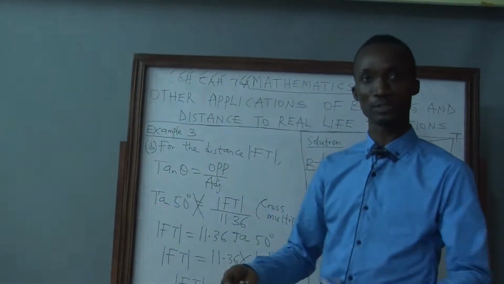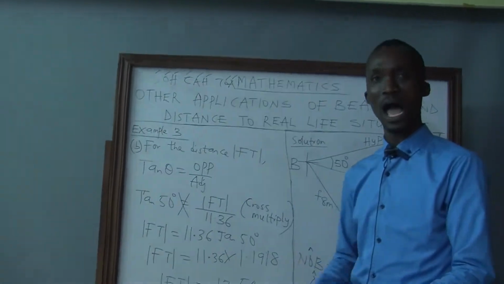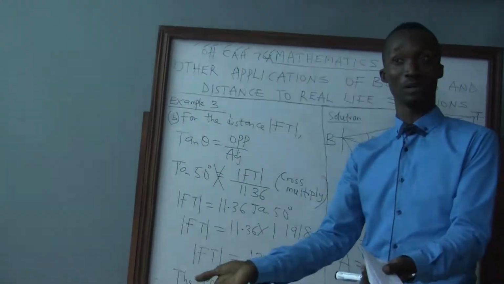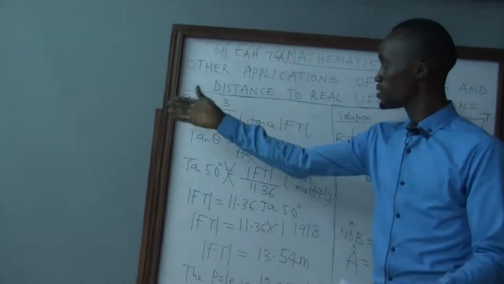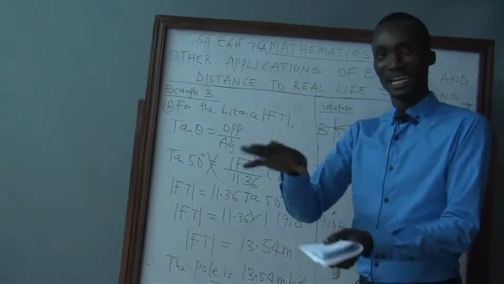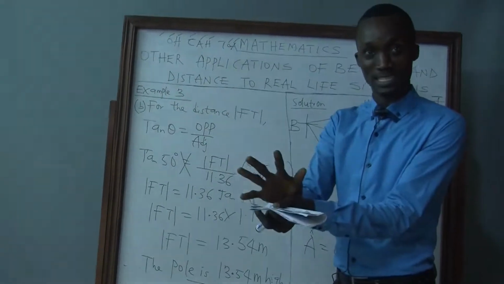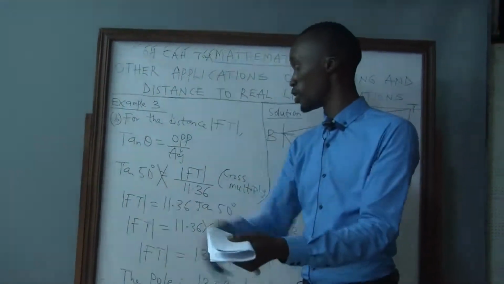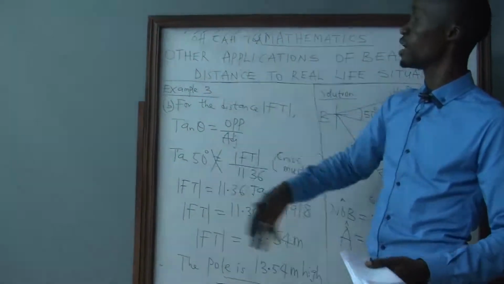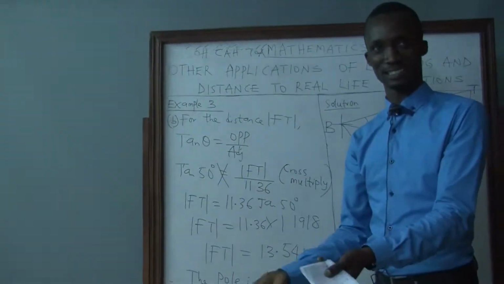When you are going to a particular place and you don't know the direction, you ask. Those people describing the place to you are using bearing as well, but they don't mention it. In our day-to-day activities, we come across bearing.